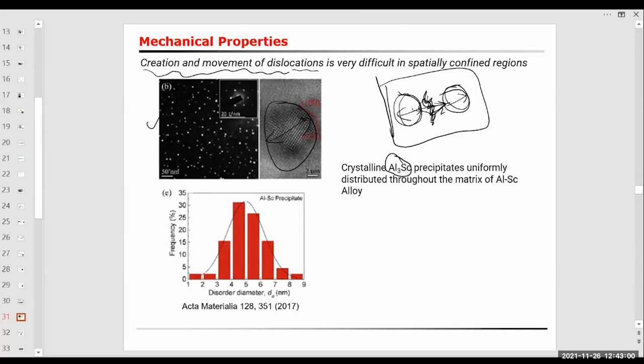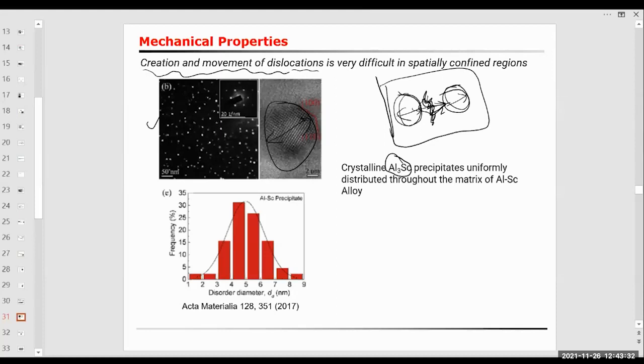It is not just specific to this material, because the science here is that if you have a spatially confined space, that is the space between two nano features like these precipitates, and the dimension of the space is close to the dimensions of these particles, you have created a spatially confined space. And it is well known that in such a space it is very difficult to create and move dislocations.